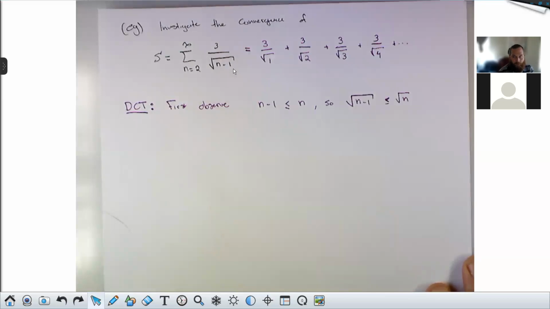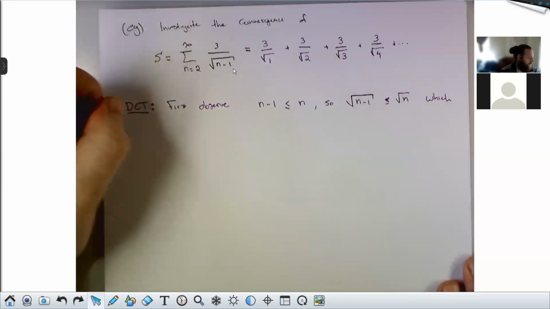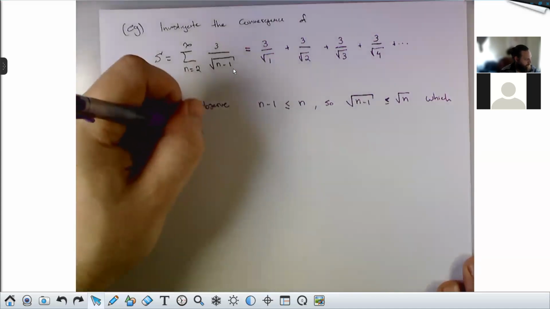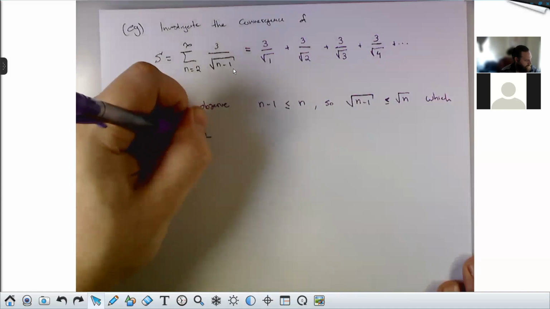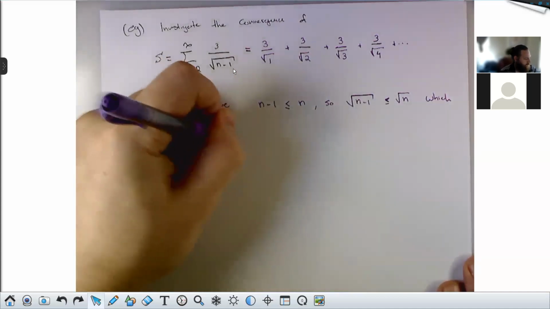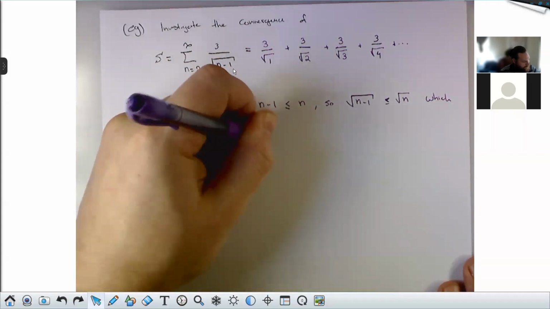Right? If a is smaller than b, then the square root of a is smaller than the square root of b. It's because the square root is an increasing function. Which implies that 1 over the square root of n is less than or equal to 1 over the square root of n minus 1.